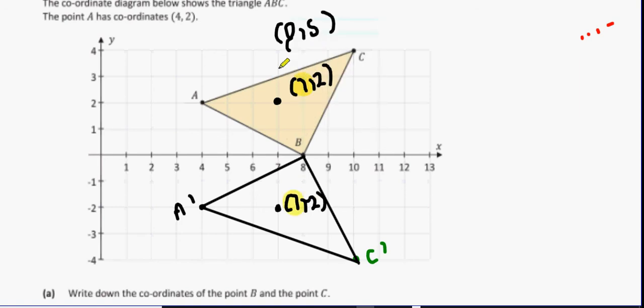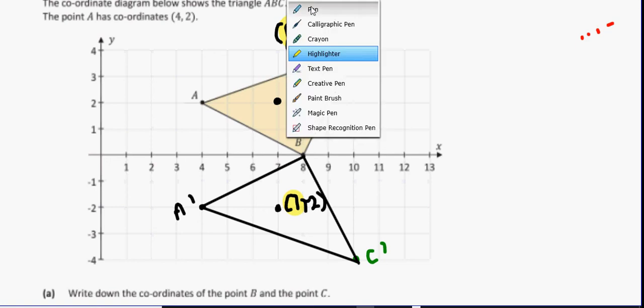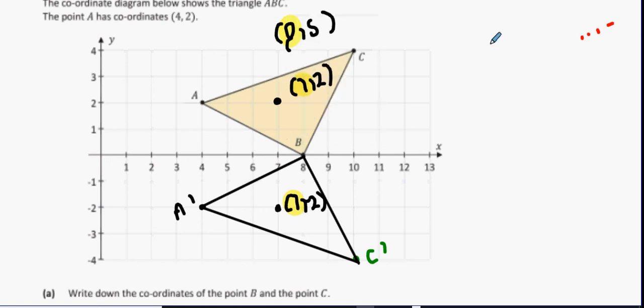In that case, the P would remain the same. Right? What happened to the 2? It turned to minus 2. In that case, what would happen to the S? So the answer would be P, minus S. Because when you reflect in the x-axis, only the y value changes sign. We alright with that?